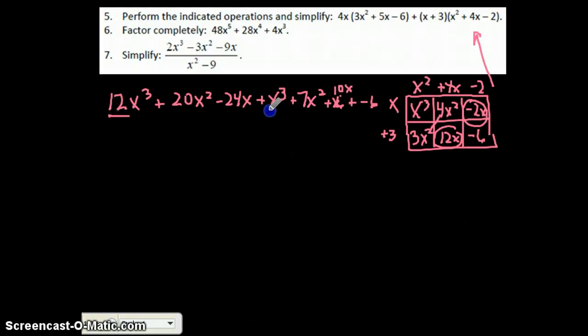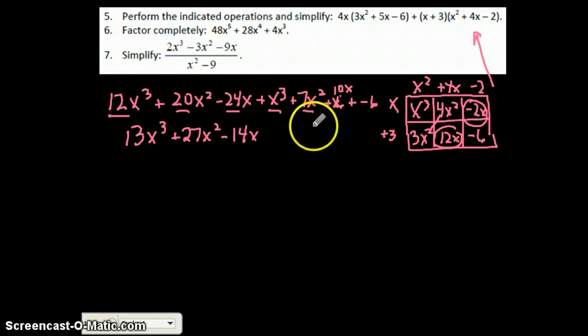So I have this and this, which is 13x cubed. Now I have a 20x squared and a 7x squared, which is a plus 27x squared. And then I have a minus 24x and a plus 10x, which is a negative 14x. And what else do I have left? I have my minus 6. So there you go, final answer for question number 5.